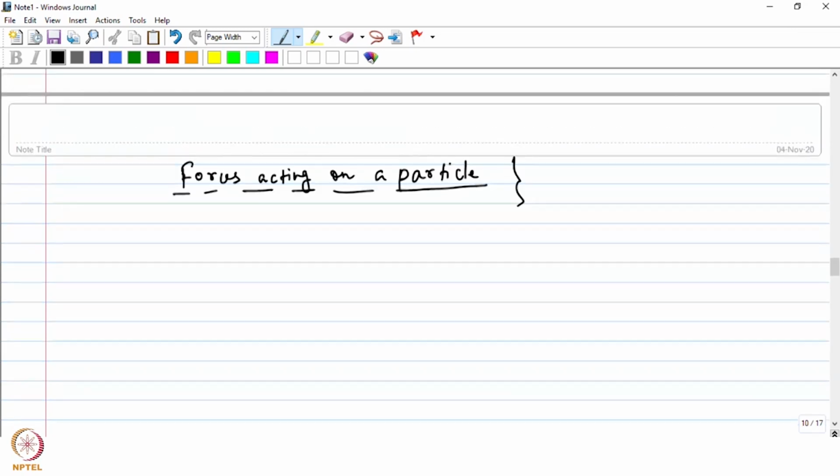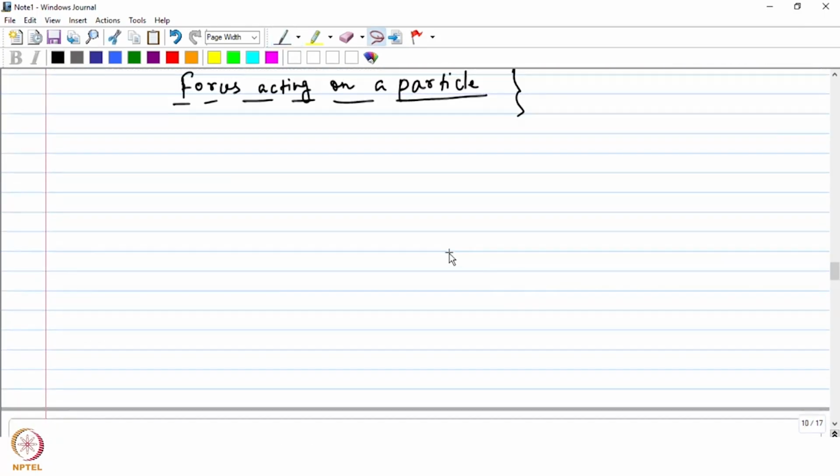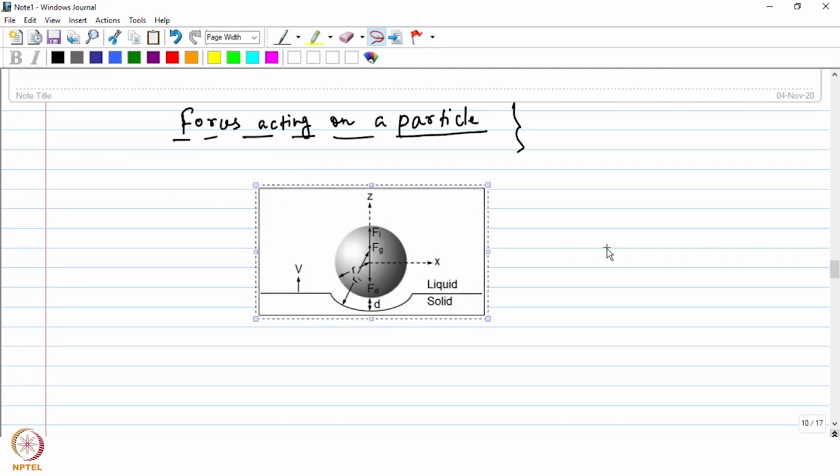So we can go back to this diagram again and look at the forces acting on the particle. Basically there are three types of forces acting on a particle which is having a relative motion with respect to the melt. And these forces are as follows.